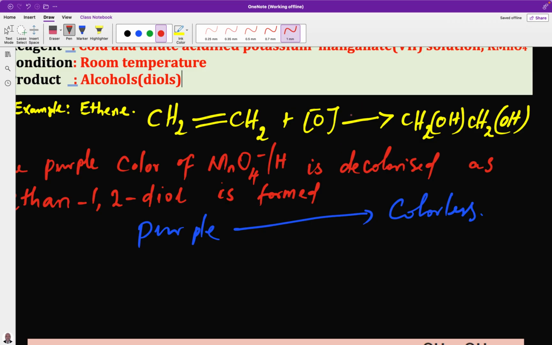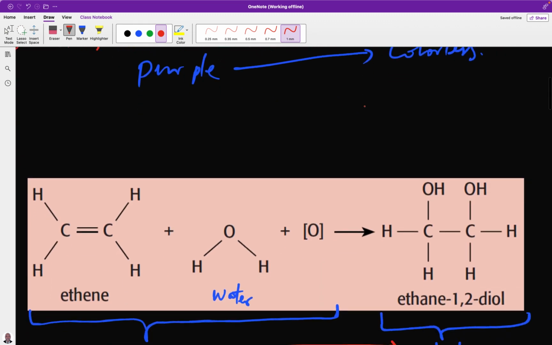I forgot to add water there too. Yes, so that is how.